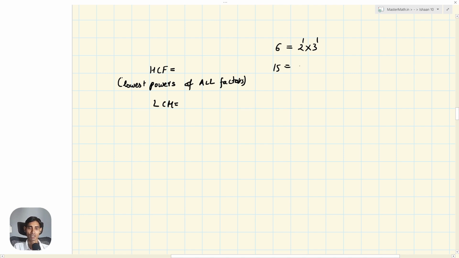And 15 is 3 into 5. Here I am specifying 5 power 0, because I need to consider 5 also, and 2 power 0, because that is not present, so I'm writing 1 as 2 power 0.